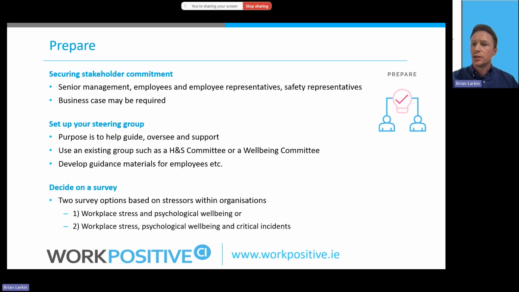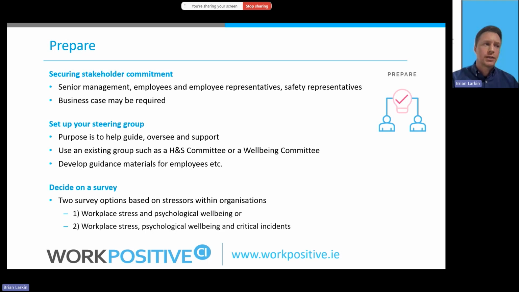Secondly, you will need to establish a steering group. This could be a group that's already functioning within the organisation, such as a Health and Safety Committee or a Wellbeing Committee. You may decide to set up a standalone Work Positive CI Committee. We recommend between 6 and 8 employees, including HR, risk management professionals, maybe an employee representative.